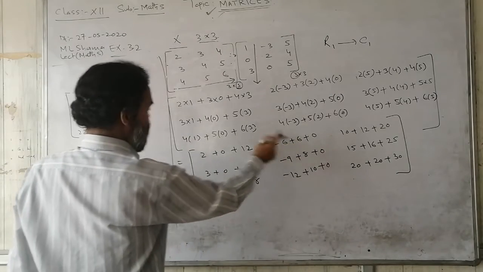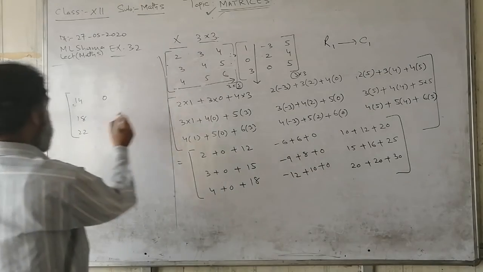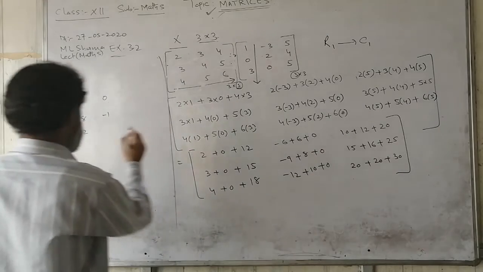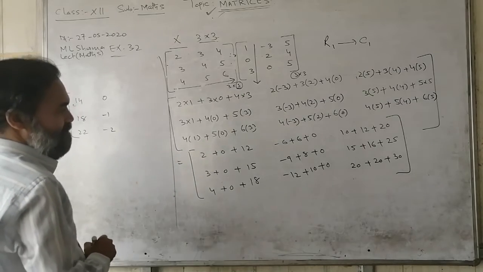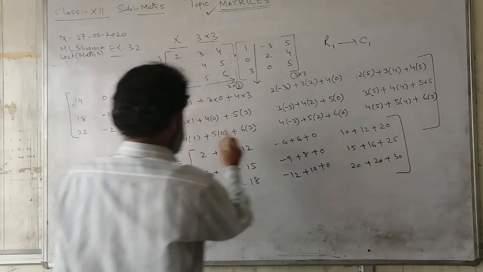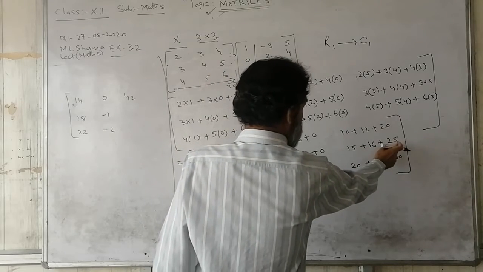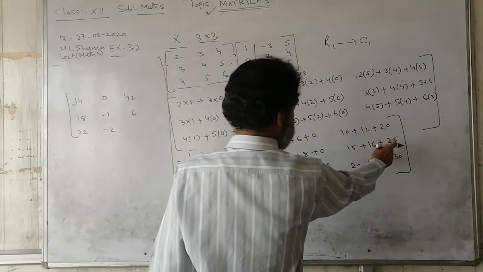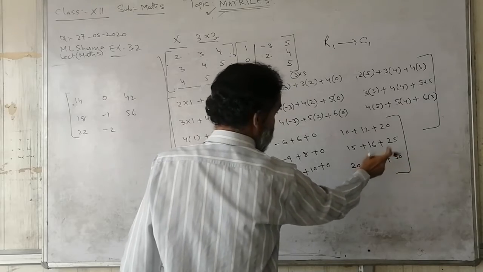Then it will be 0 here, minus 9 plus 8, minus 1 here, minus 12 plus 10, minus 2 here. So these are the column second elements, and then 20, 30, 42 here, 56 here, and 70 here.